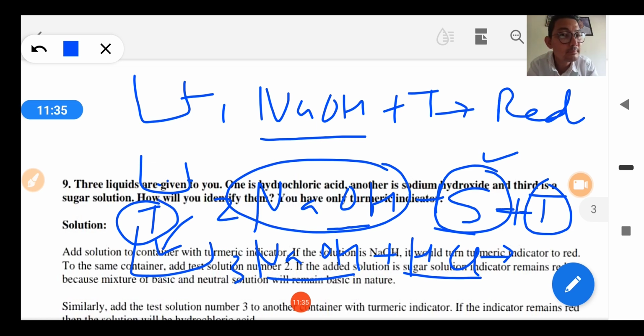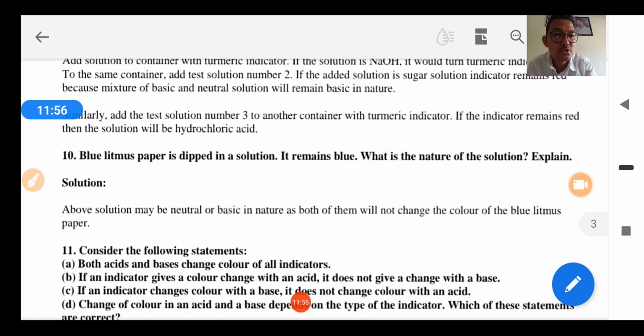So what will happen? Turmeric solution when added to the neutral solution will not show change in its color, so solution will remain yellow only. So this test indicates that HCl is acidic in nature. So this is the test, just go through it.